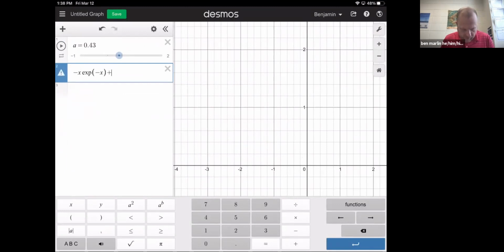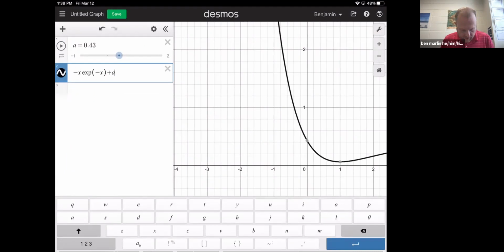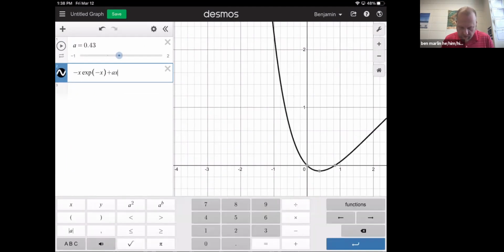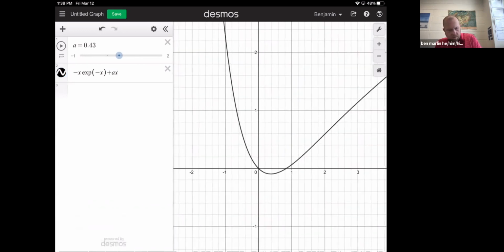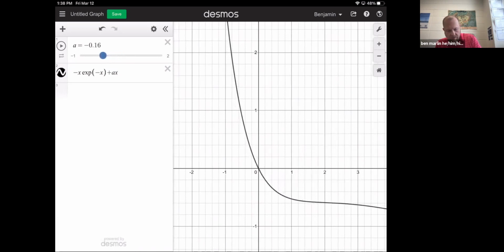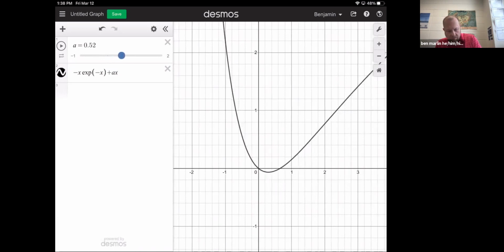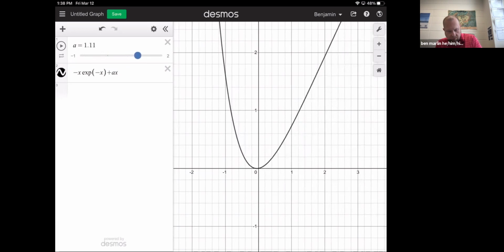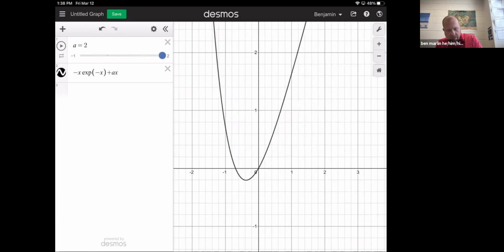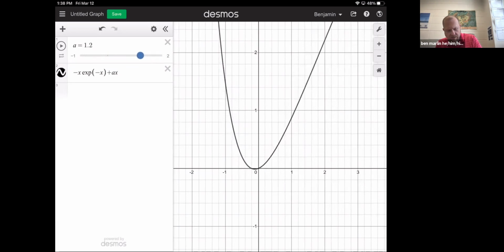So I'm going to say plus a x, because I already get the slider there. Okay. So we're going to take a look at what's happening with this. And it's kind of an interesting thing there.